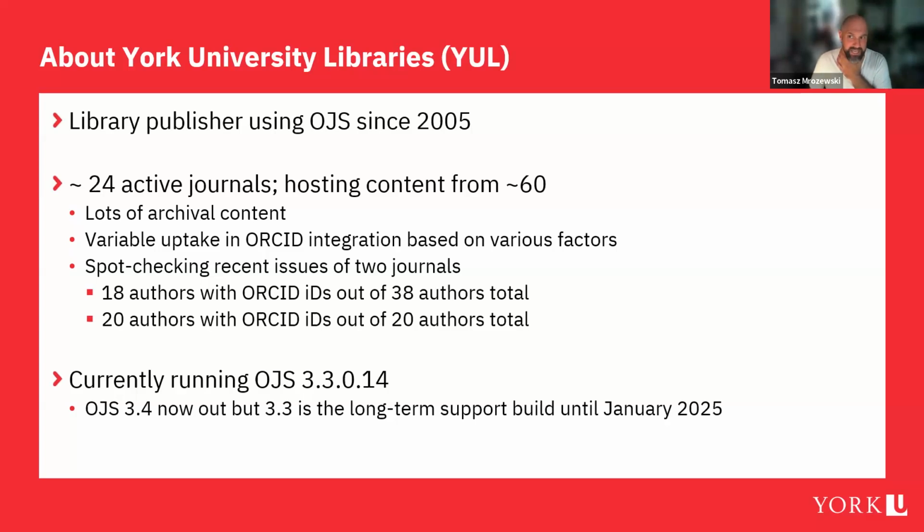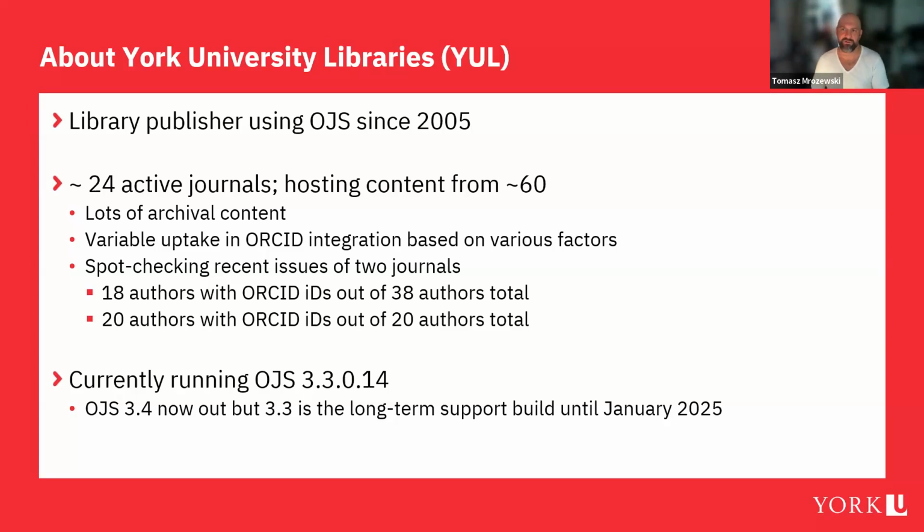Uptake among our journals has been quite variable depending on a few things. I would say the two biggest variables for uptake are, one, discipline, and two, whether or not the editors use the submission pipeline in OJS.